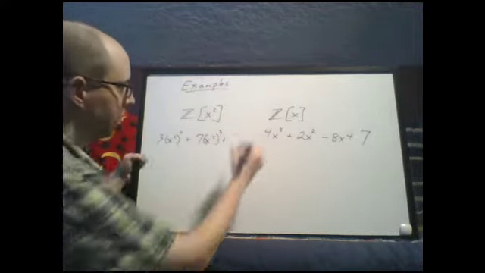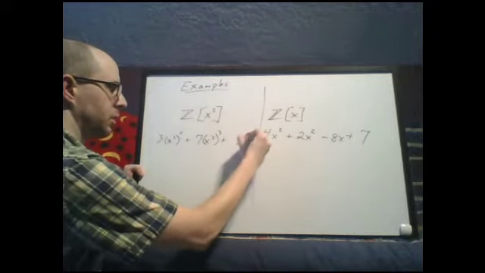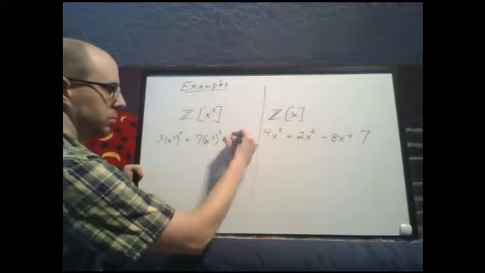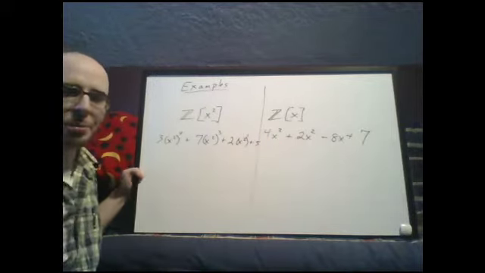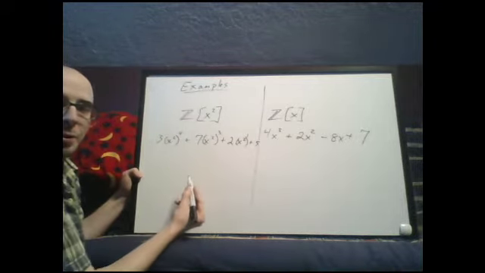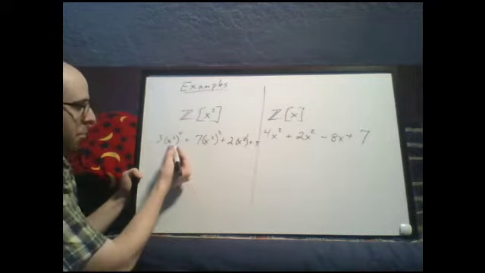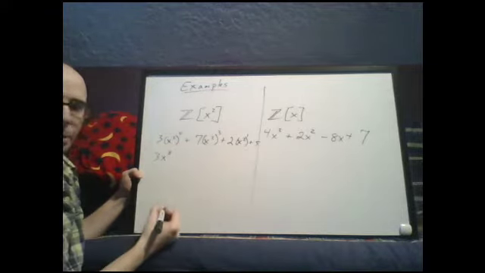I won't do all of them, but x squared to the 1st, 2 x squared to the 1st, plus 5. So that would be a polynomial in x squared. If I simplify it, I get a polynomial in x, but what I get is always even exponents on the x's.